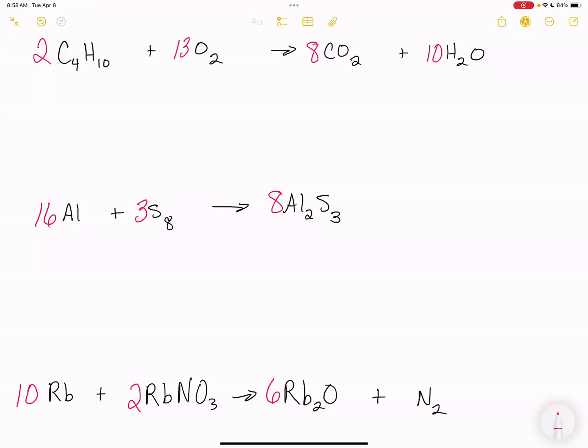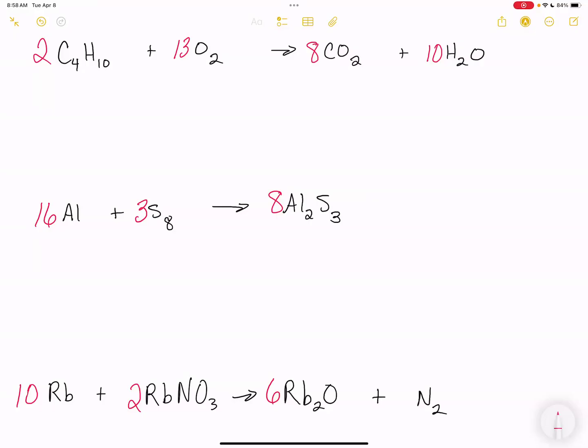So that's why I multiplied the S8 by 3 to get 24 sulfurs and the Al2S3 by 8 in order to get 24 sulfurs. Now, in getting 24 sulfurs on the product side, I also wound up with 16 aluminum, so I multiplied the reactant side by 16.